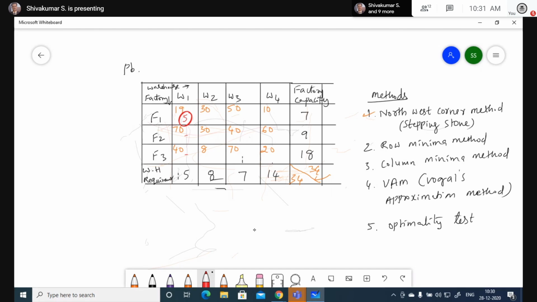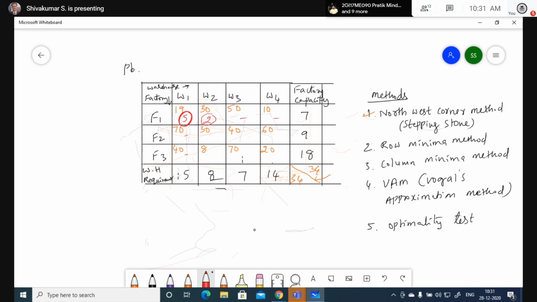Now go towards the next cell, because first north, then west. Check how much you can allocate here. Since 5 of factory 1's capacity is already filled, only 2 can be filled here. So factory 1's capacity is now filled, because 5 plus 2. Now go down here. The requirement is 8, but there is a capacity of 9.